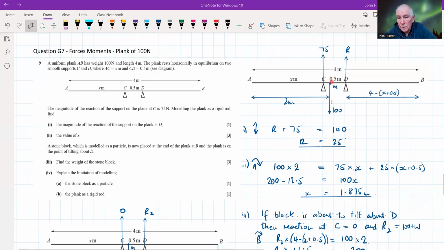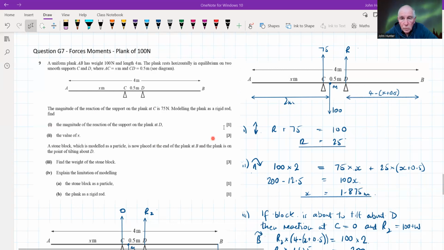So the downward forces must equal the upward forces. We've called this reaction here at D R. So we've got R plus 75 equals 100, and therefore R equals 25. Okay, so it's only 1 mark, but that is an important part of the question.